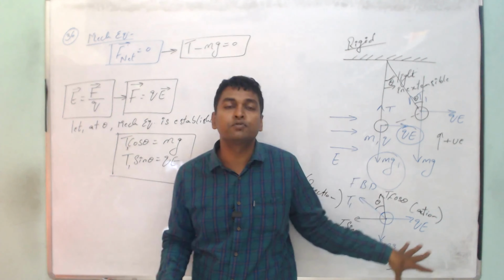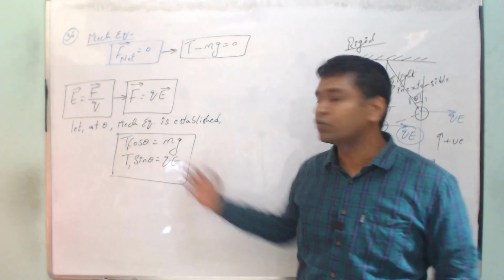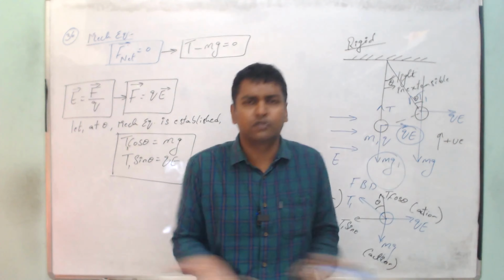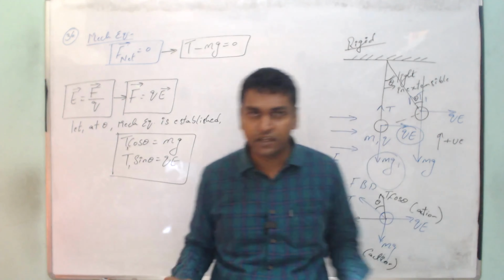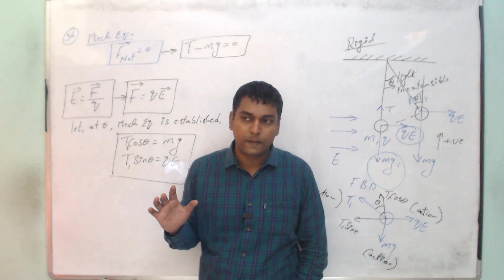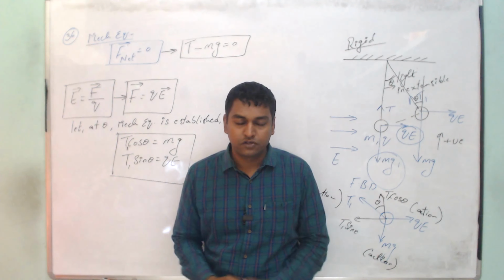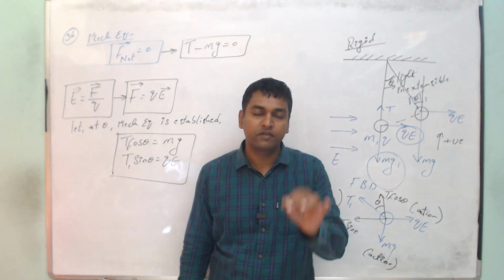Because they are in opposite directions, we are equating the magnitudes. Since the magnitudes are equal in opposite directions, we know they cancel and become 0. Is this clear? Understood? Now I will repeat my final statement.